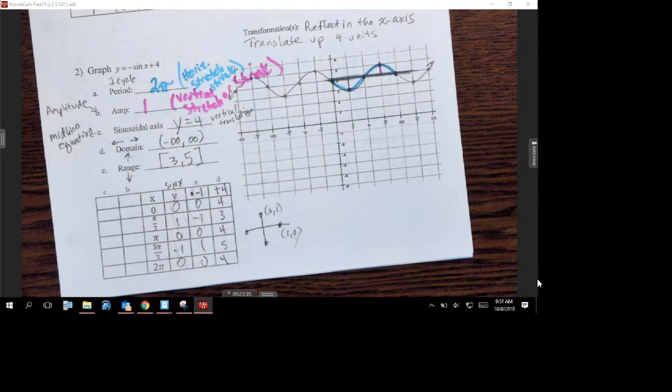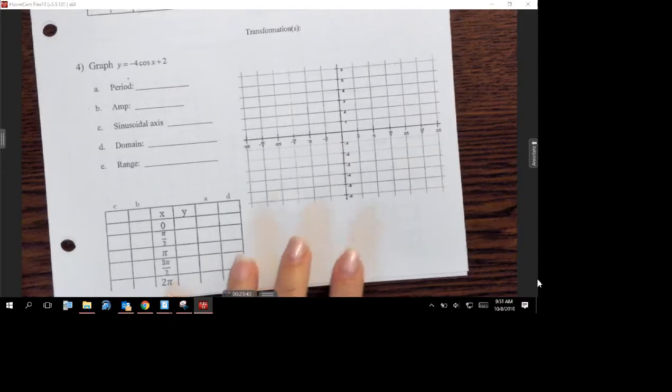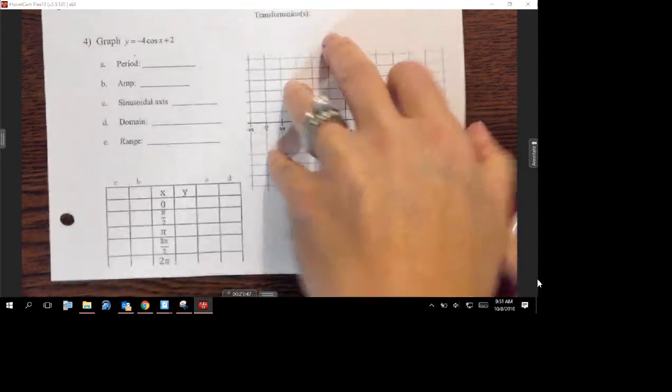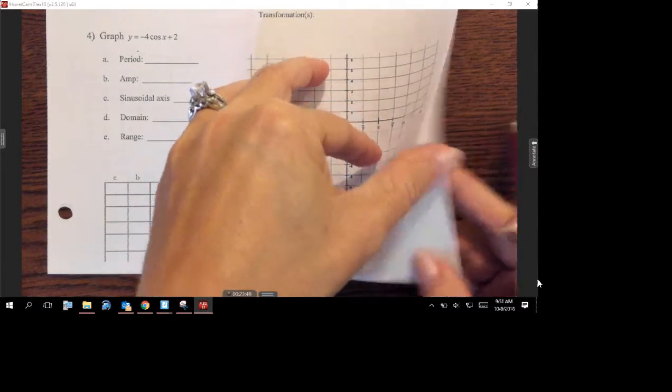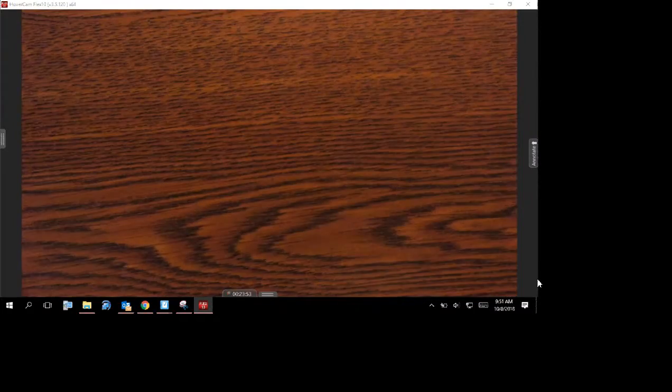Hey, another one? Okay, let's go to number 4. I'm going to peek at something real fast before I go on. Yeah, number 4. I know how much time we have. Let's skip that.